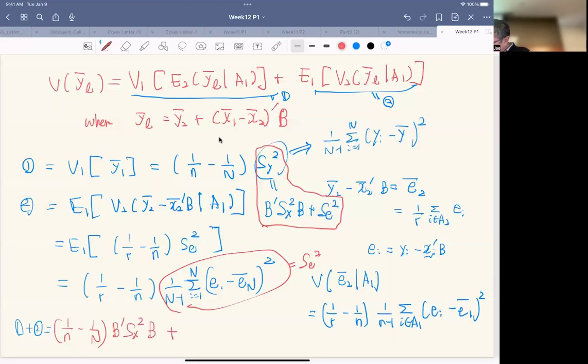Plus capital N Se square. That is the algebra.